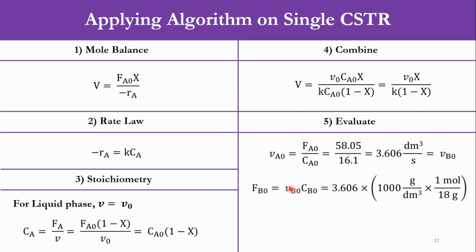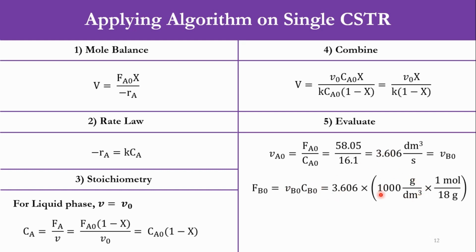Fb naught is equal to Vb naught into Cb naught. We do not know the value of Cb naught, and it is not given, but we are told that it is in excess. So once a quantity is in excess, we can simply apply the density method. Let me show you. Vb naught is 3.606 as computed.